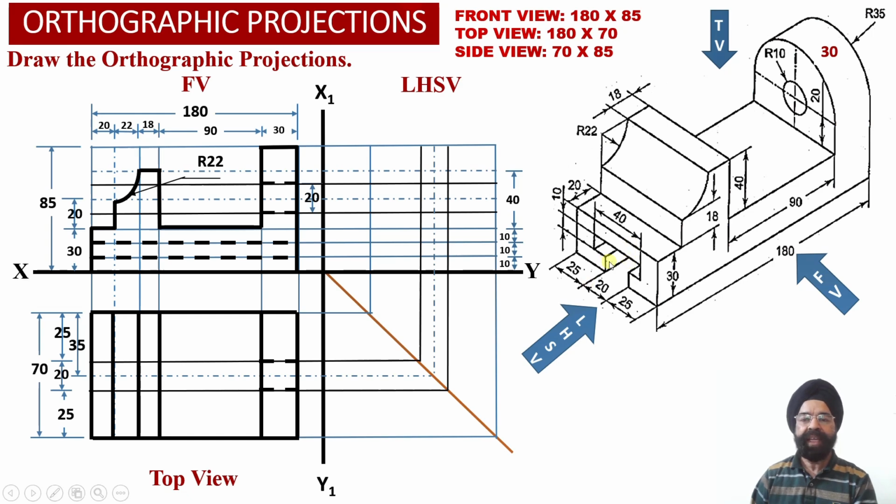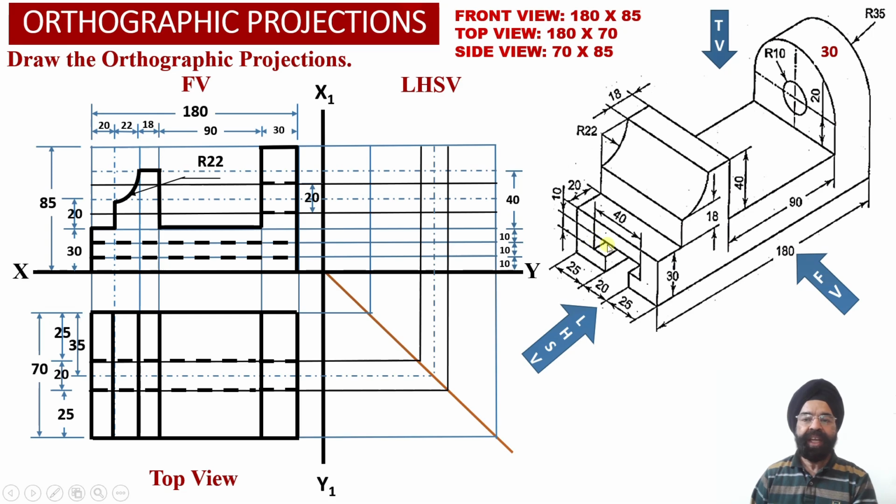Further, we know that these two vertical edges are not visible to the observer from the top. So corresponding to the base of this T slot, we will be able to obtain dotted line projections over here corresponding to the bottom surface of this particular T slot, which is available over here.